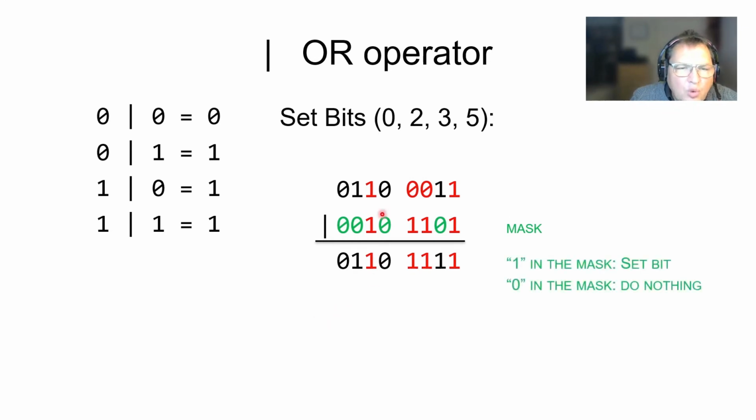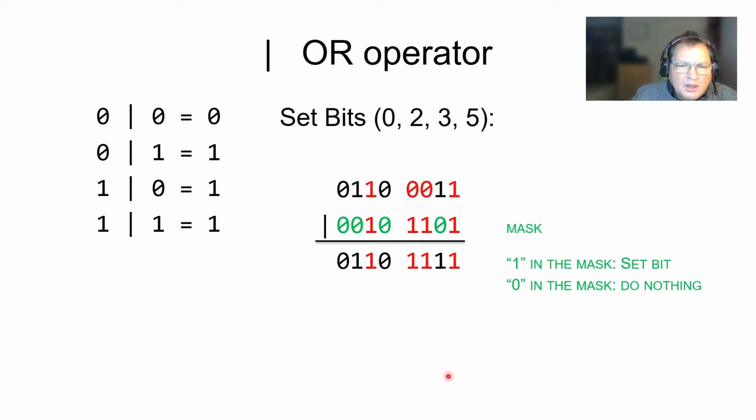Wherever you have a 1 in the mask, the bit gets set, whatever was its original value. All these red bits here are set to 1. And if we have a 0 in the mask, then nothing is done with the input bit, so it's not changed.